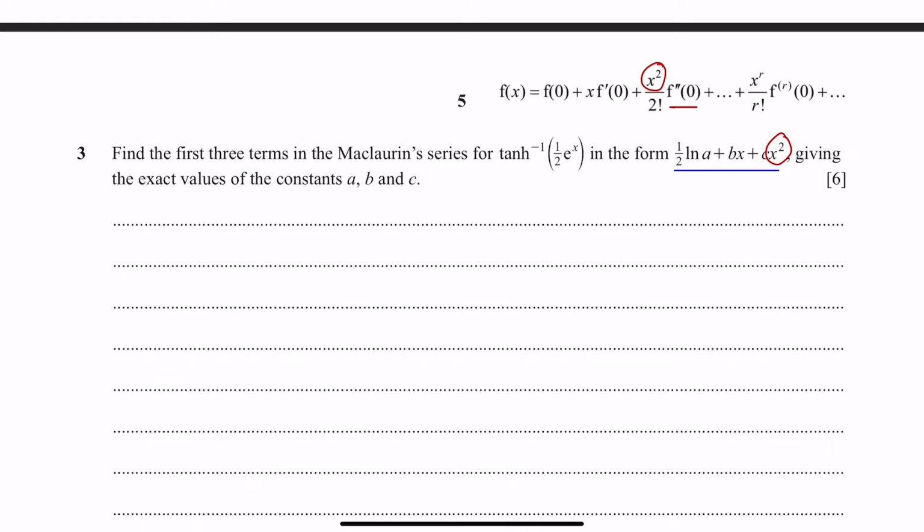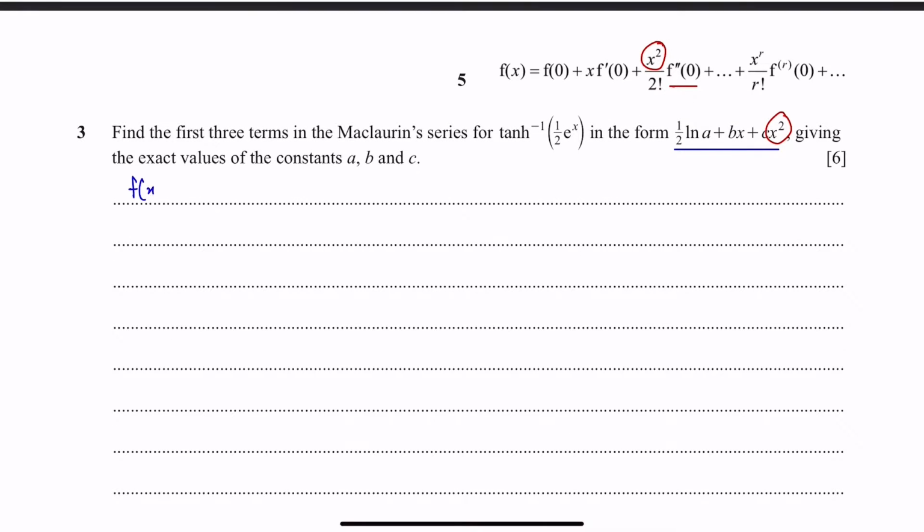So we can first write f(x) equals arctan of half e to the x, and now we need to find the first derivative. So this is not given in the formula booklet, but I can show it to you guys.